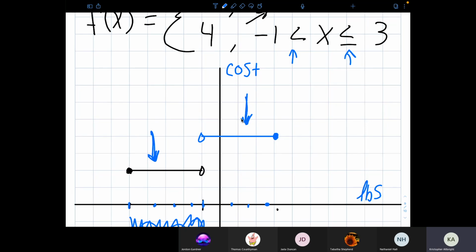So 5 to 10 pounds costs $4, so on and so forth. And this is a useful graph for looking at how things work that are not necessarily dependent on a function themselves. They're not 2x plus 3. They are just one number at certain points. So that's when these are useful, piecewise functions or things like that.